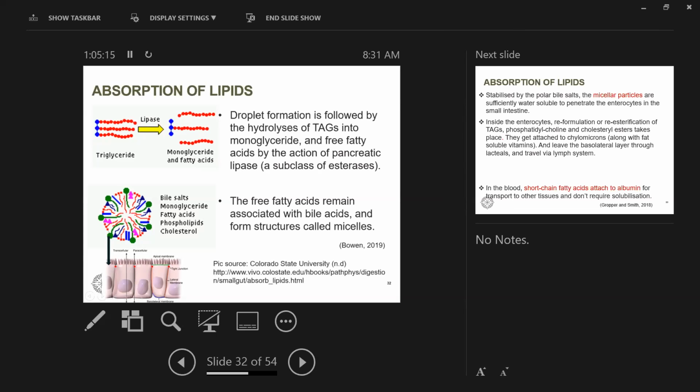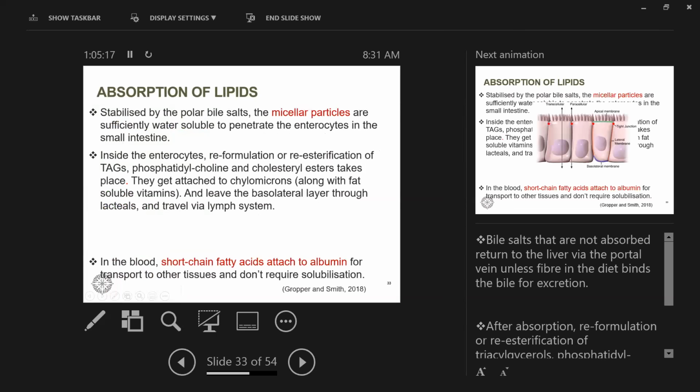Now let's come to the second step. These micelle particles are water soluble, so they can penetrate the enterocytes in the small intestine. Now, the crazy but fascinating thing about our body is that at this intestinal layer, it breaks down everything to its basic form. However, our body uses nutrients in their natural form.